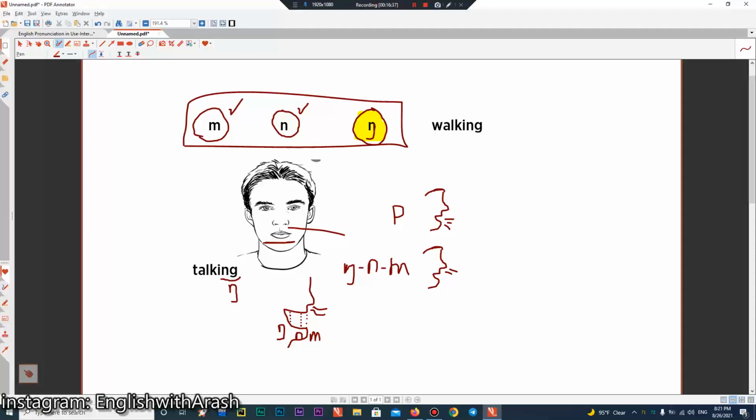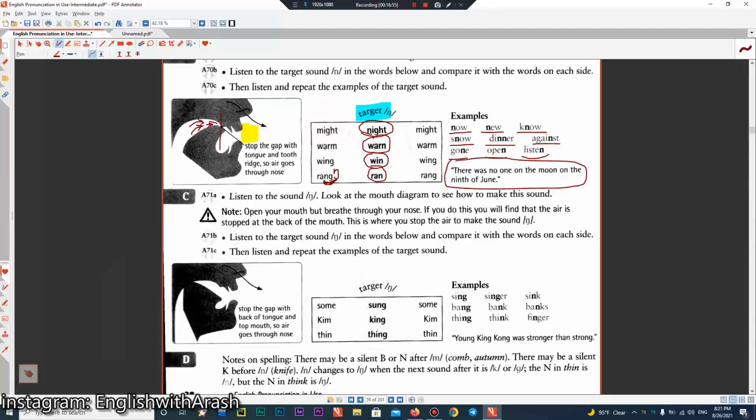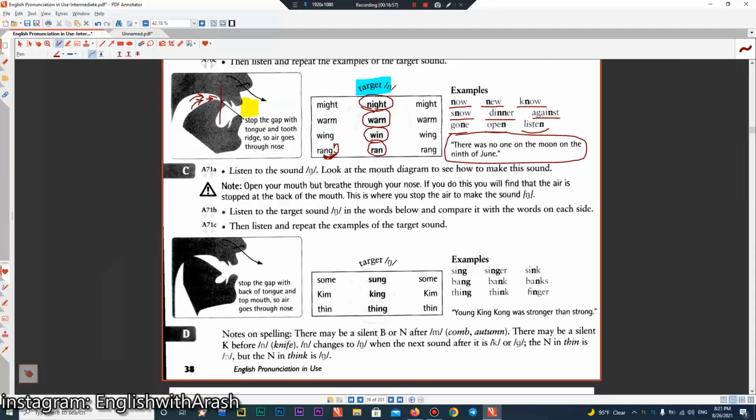So I say talking, or for example walking. At the end it's just out of my mouth. Talking, walking. But to see that, let me show you where the tongue exactly goes.